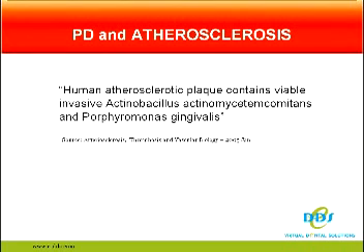Periodontal disease and atherosclerosis. In this study, two of the most pathogenic periodontal bacteria, A. actinomycetemcomitans and P. gingivalis, get into the circulatory system and become embedded in the fatty atherosclerotic plaque, remaining alive and invasive.